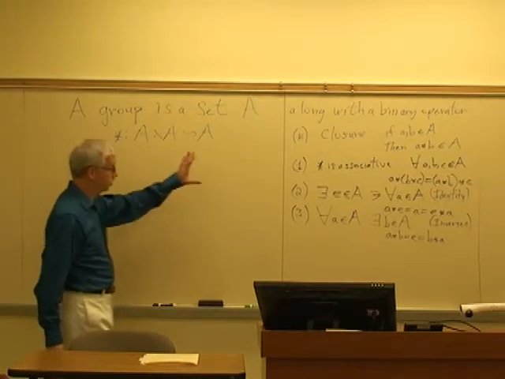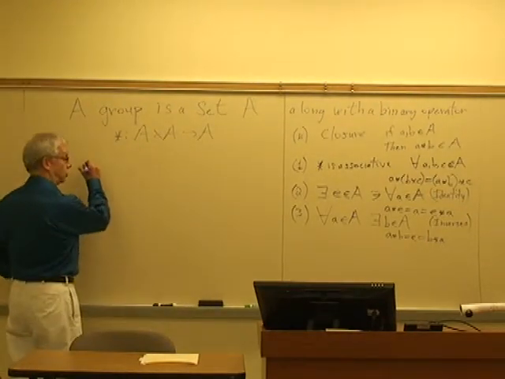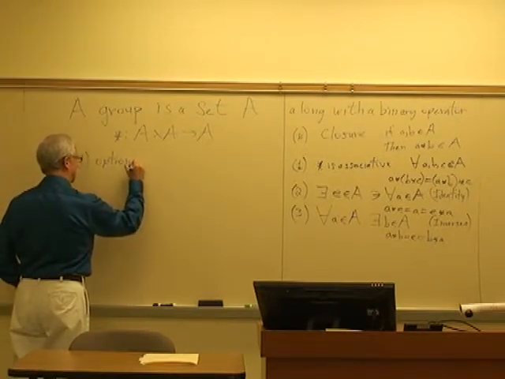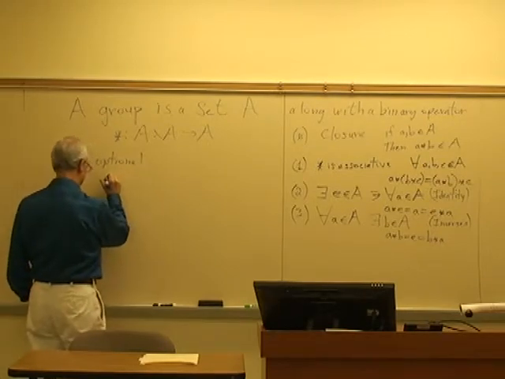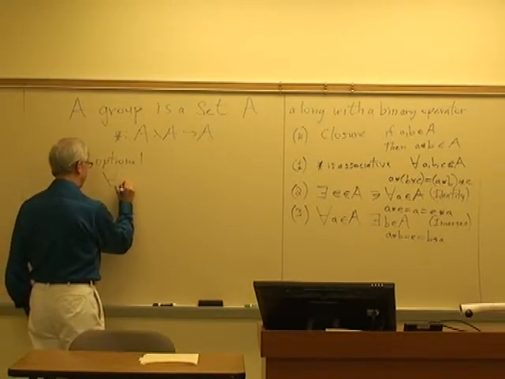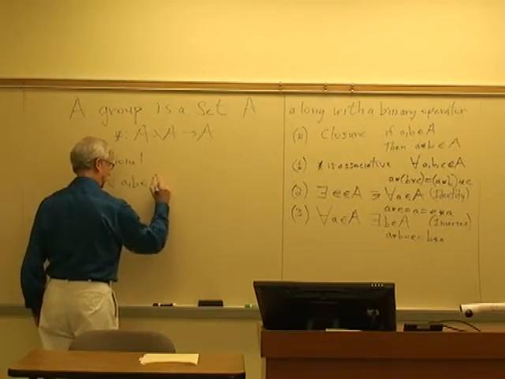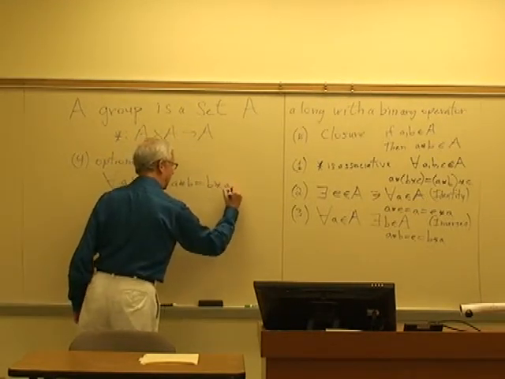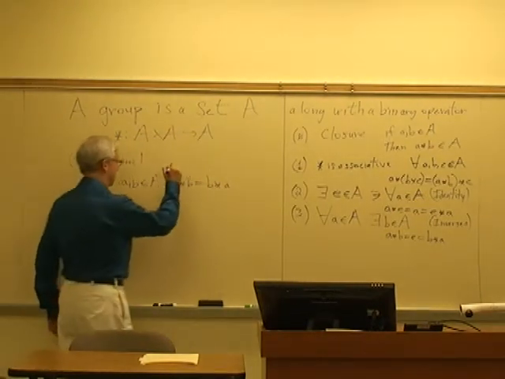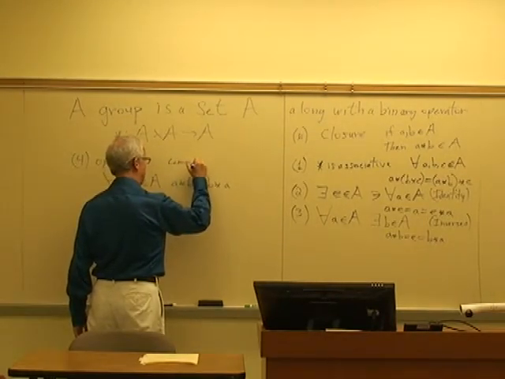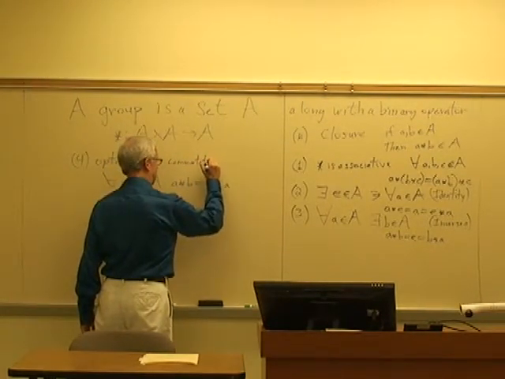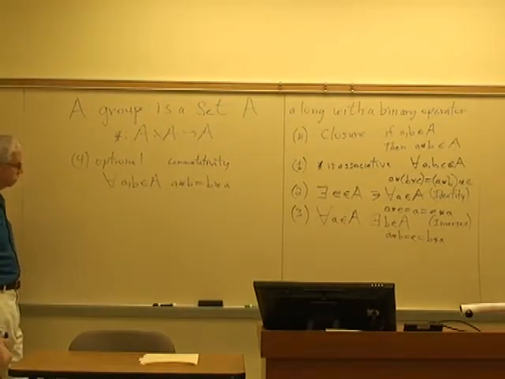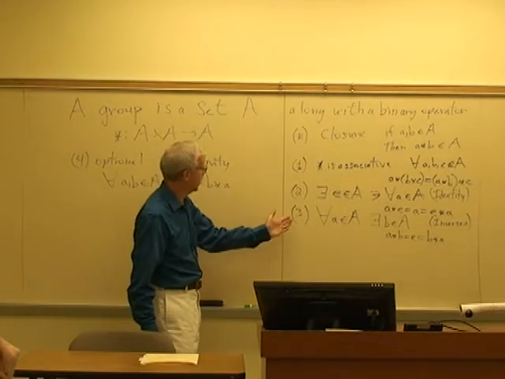Okay, now in addition to these properties, we have a fourth optional property that for every A, B in the set, A star B equals B star A, commutativity is optional. So if we have properties 0 through 3, we have a group.